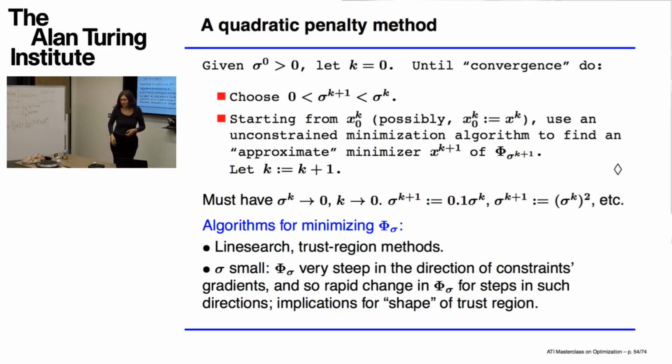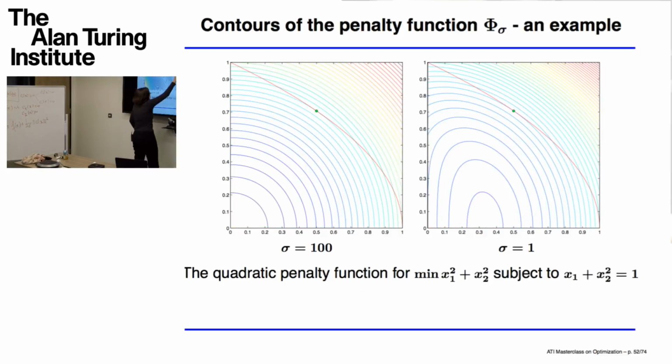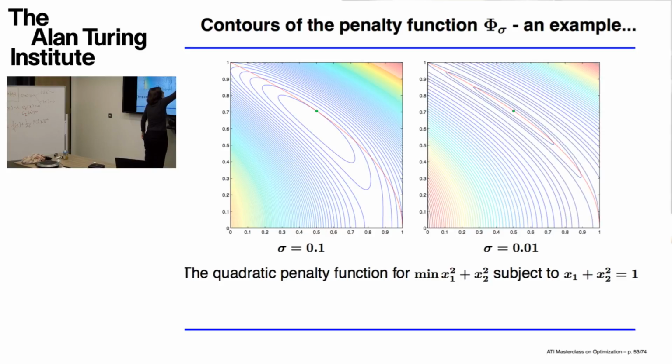So indeed, we can apply the methods from before, but we have to be a bit careful because of this kind of rapid growth. So if you do the usual trust region, for example, and you have a ball constraint in one of these plots here, if I put a ball here, centered at my iterate, then I will have possibly very rapid growth in my penalty in some coordinates and very different in other coordinates.